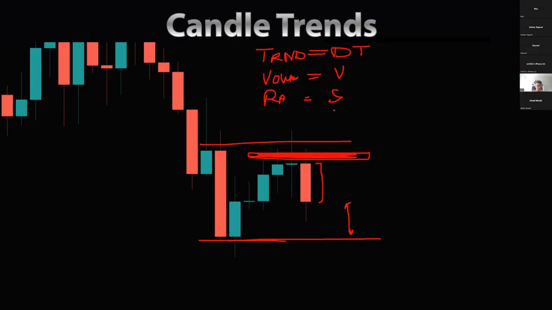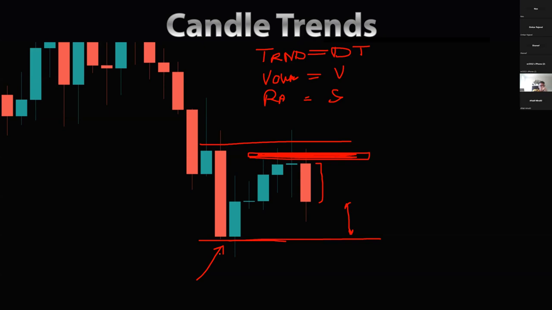When we studied momentum and volume, we looked at this zone right over here. These zones are mostly broken when we have momentum and volume in the market.